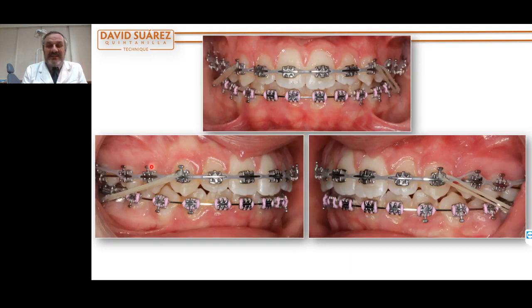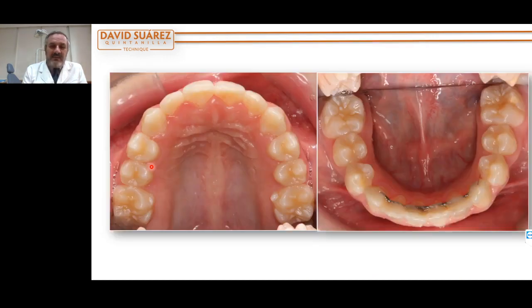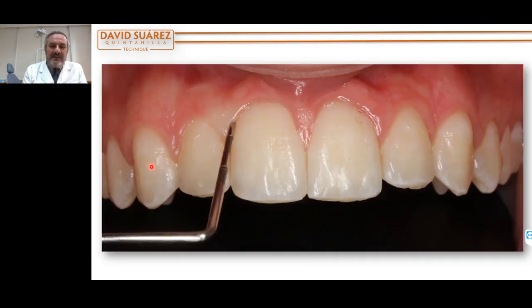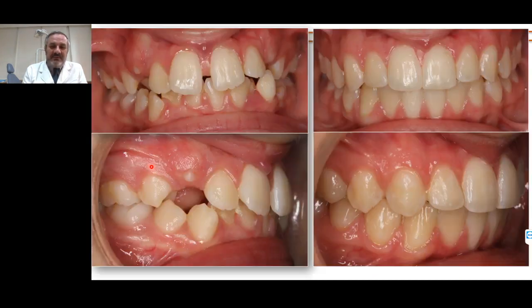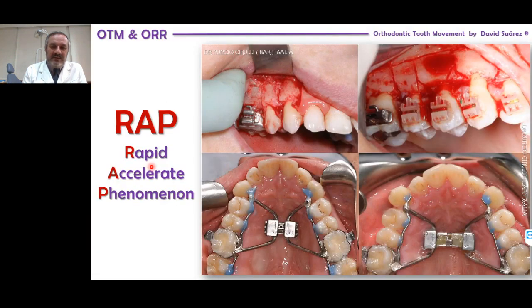Very important is the stripping. I like the stripping very much to get a very good surface of contact between the upper incisors for stability, and you can see the patient years after the treatment. For this reason, it's very important to control the stability of this patient.